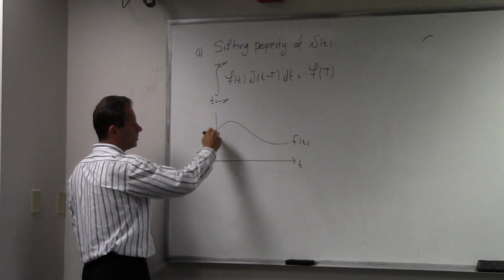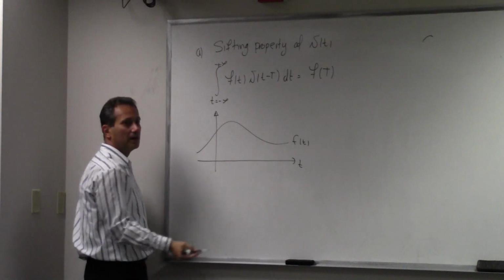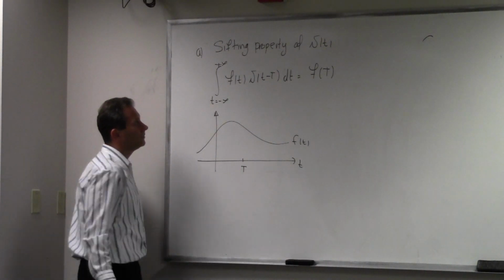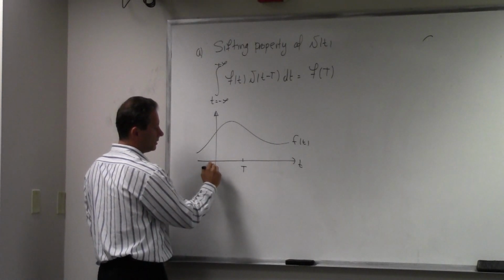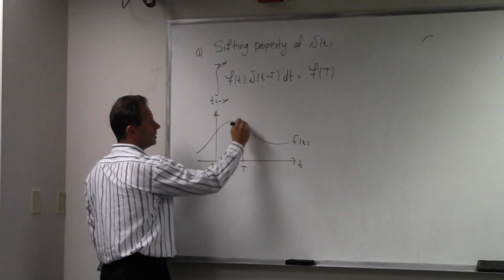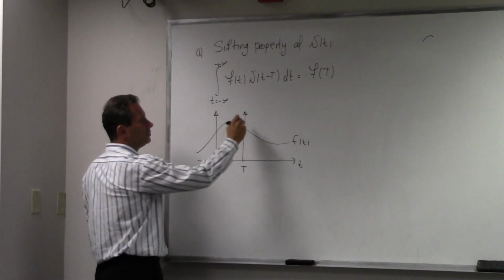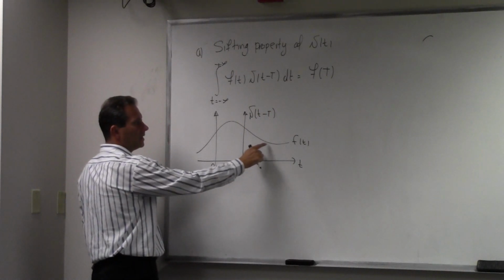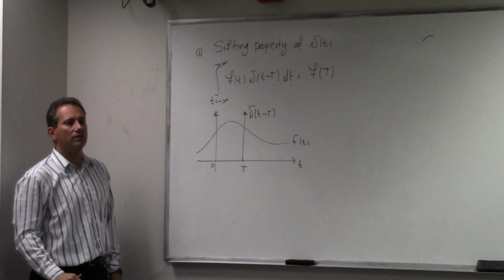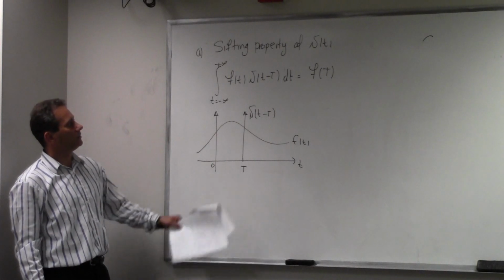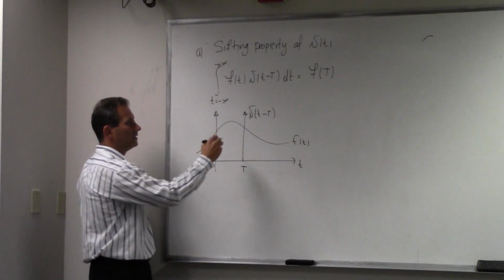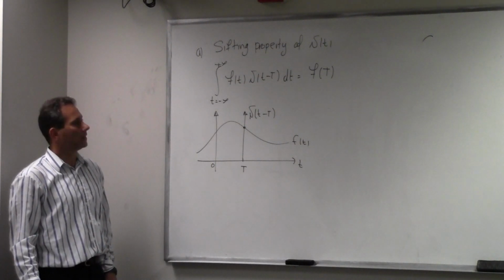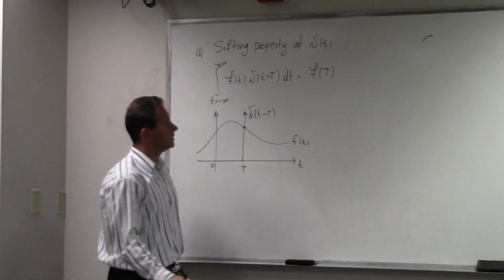I just keep on saying function, but a function of time is a signal in our definition here. Here's the point capital T. This delta is delayed by T, so here's our delta here. So what am I doing? I'm taking the delta of t minus capital T, multiplying with f of t, and looking for the area under the curve. And what the shifting property claims is that the area under the curve is exactly the value of the function f of t at this capital T. So let's prove that this is the case.